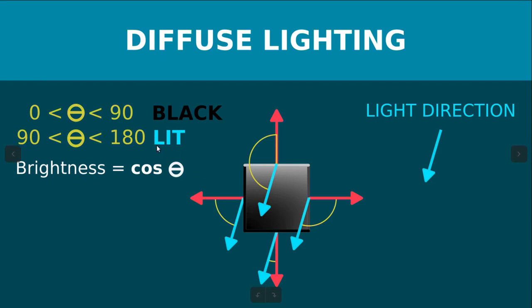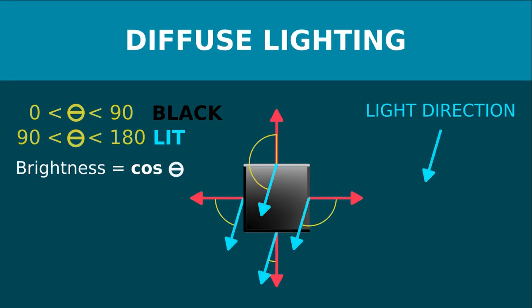So the pattern we see is that angles between 0 and 90 degrees will have no brightness at all, and as soon as you hit 90 and start climbing towards 180, you approach a fully lit surface. This behavior actually models the function cosine. So if we take the cosine of the theta between the normal and the light vector, it will give us a useful brightness percentage that we can assign to a surface.